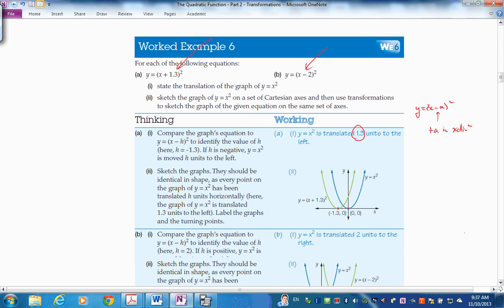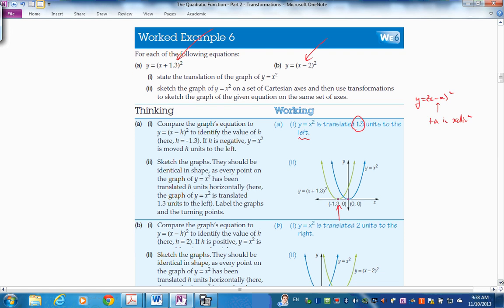It moved it across the x-axis, opposite to that number. So if it's plus 3, it'll move it negative 3 over here to the left. It's the opposite to what you might expect there. Is there a reason for that? Later on we want to unpack that and see if we can explain why the movement in the x direction is the opposite to that sign.